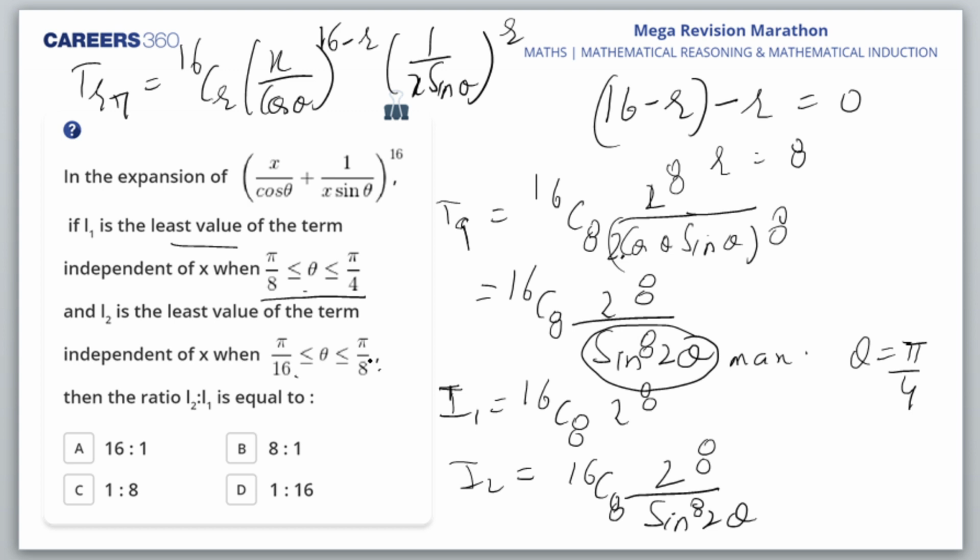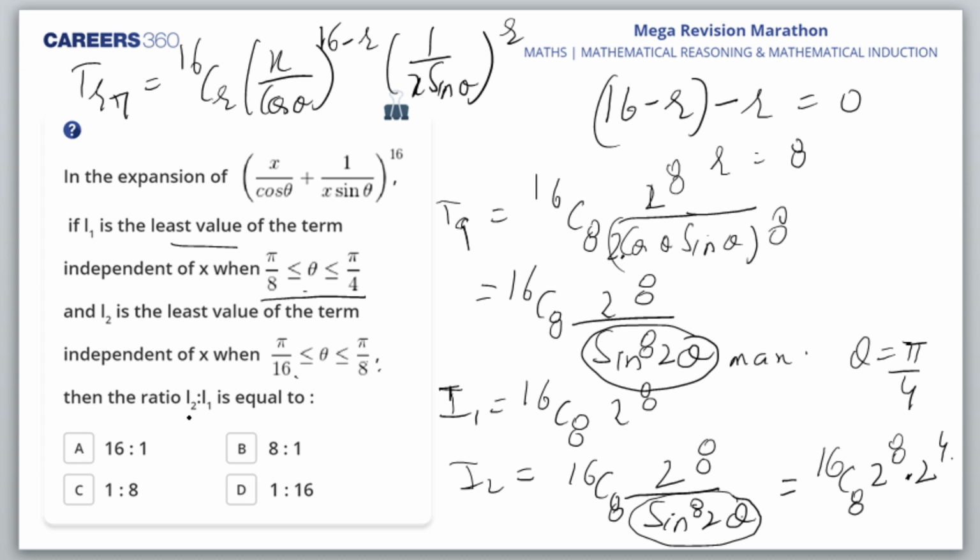So when I put pi by 8, I'll get the maximum value of sin 8 2 theta. And what is that? When I put pi by 8, I get pi by 4, that is 1 by root 2. 1 by root 2 will yield me 1 by root 2, that is 2 raised to power 4, and this will be 2 raised to power 4. So I'll get 16C8, 2 raised to power 8 into 2 raised to power 4. Am I right?